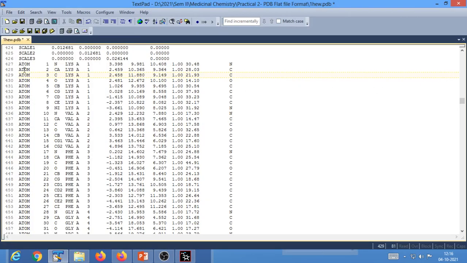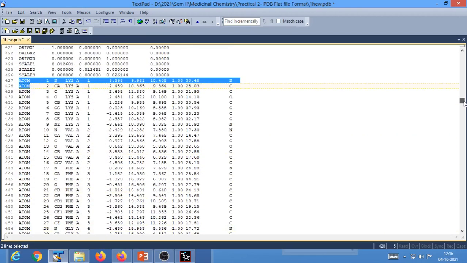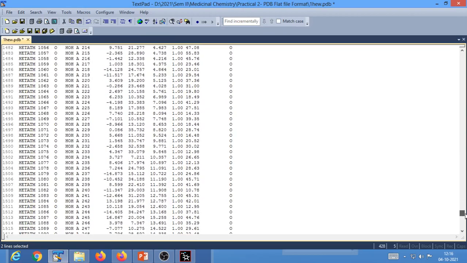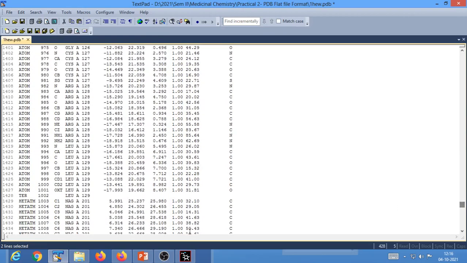Iteratively it would read out all of the atom lines that start out with this, and when it encounters this termination line, that would indicate that the structural information of the protein is over here. The line that begins with the keyword TER, which corresponds to termination, we call the termination line.